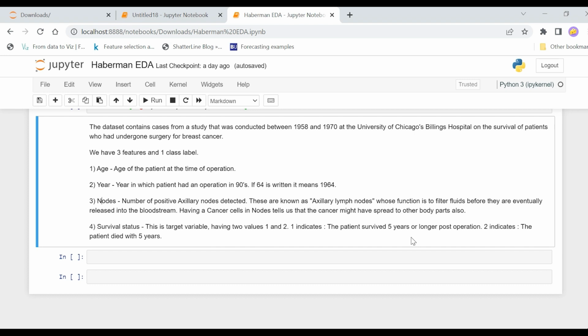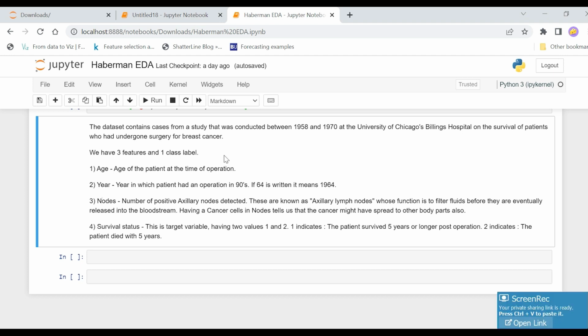then you may conclude that the patient died within 5 years. Now this data set contains cases from a study that was conducted between 1958 and 1970 at the University of Chicago's Billings Hospital on the survival of patients who had undergone surgery for breast cancer.